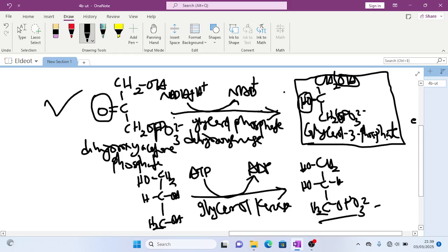When we reduce dihydroxyacetone phosphate with glycerol phosphate dehydrogenase, we get glycerol 3-phosphate. The second route is when we phosphorylate glycerol in the presence of the enzyme glycerol kinase, which utilizes adenosine triphosphate, we also get glycerol 3-phosphate.